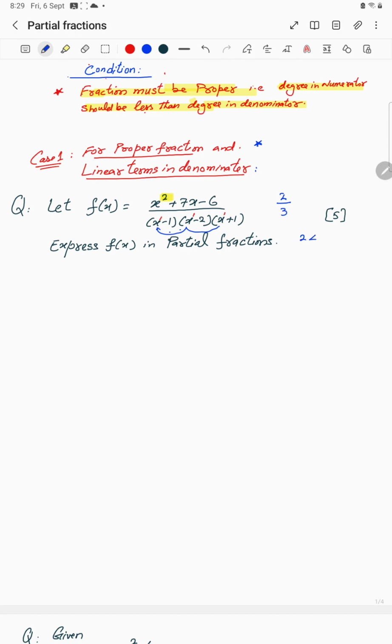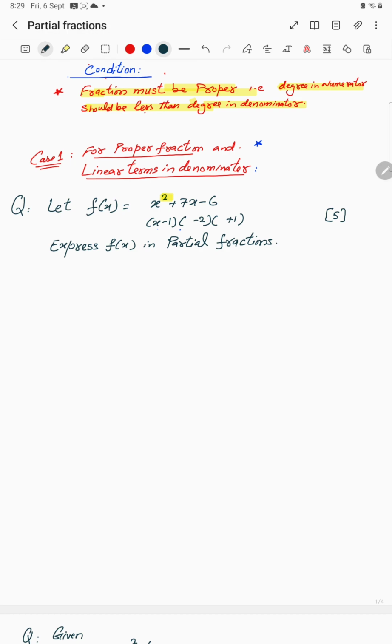The numerator is smaller than the denominator, so the condition is satisfied that the fraction is proper, and thus case 1 is very clear here: we have three linear terms in the denominator.